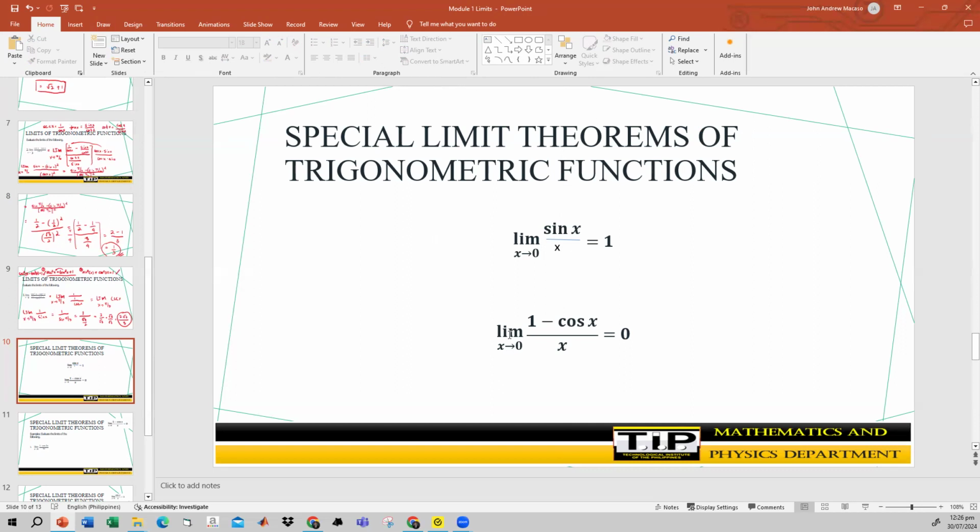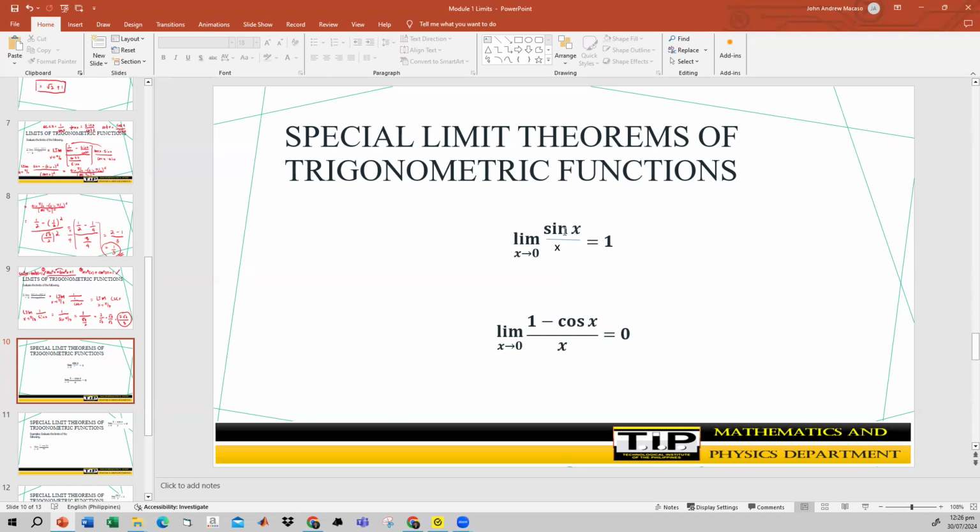Then we also have the second theorem, wherein the limit of 1 minus cosine x over x is just equal to 0. So these are the theorems that we must memorize to enable us to answer some of the problems related to this. So what does the first theorem say?